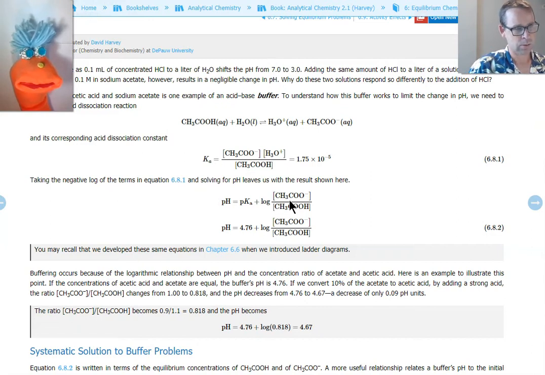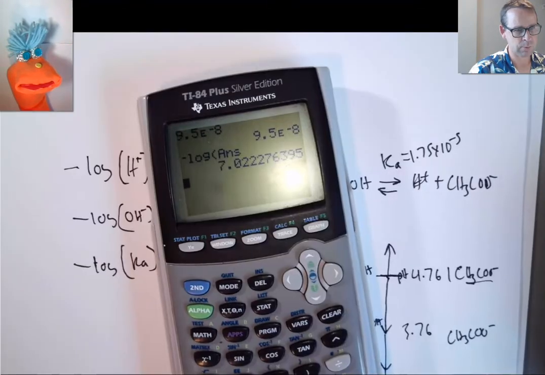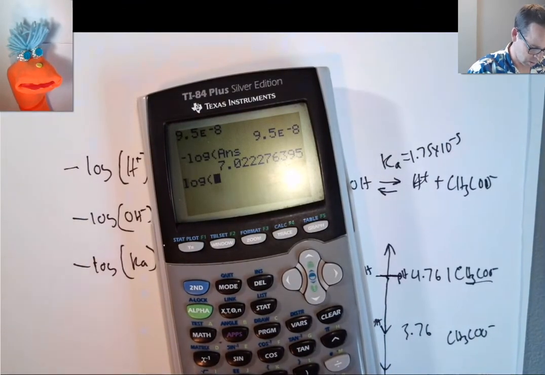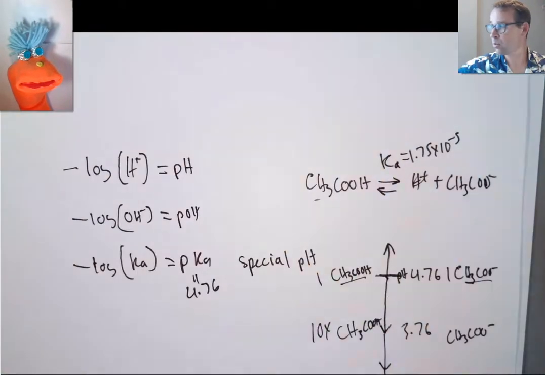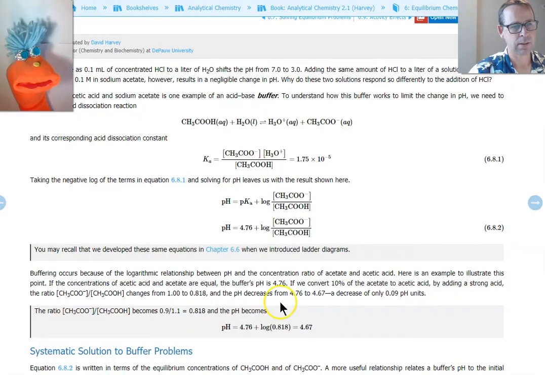Let me turn on my viewer so you can see my calculator. The log of 1 is 0. So that means this term drops out. So the pH will equal the pKa when these concentrations are the same.